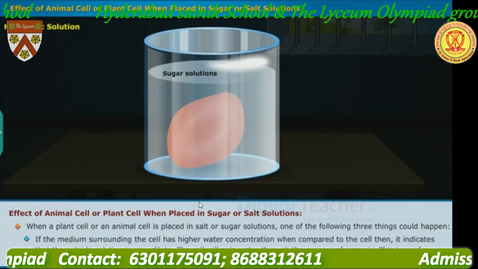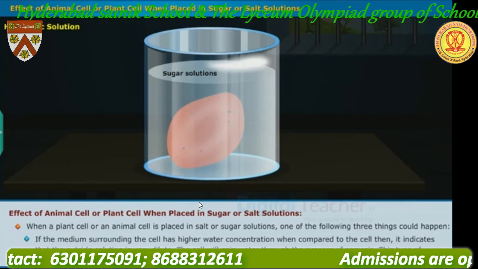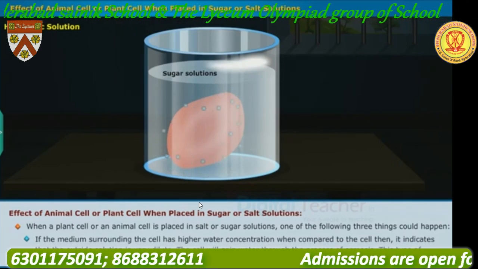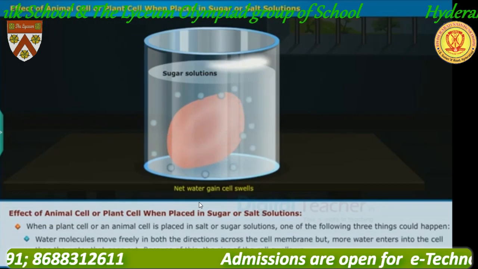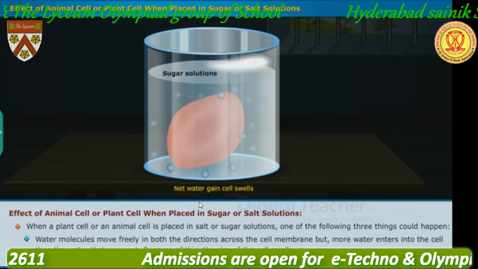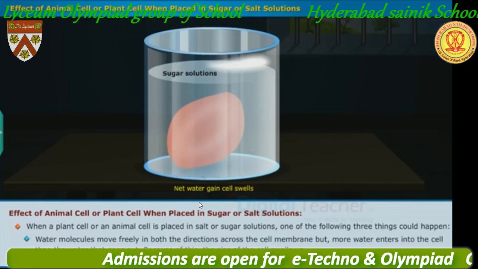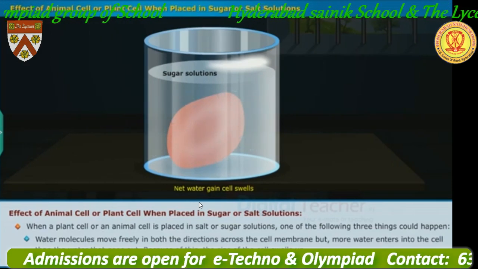The cell will gain water through the process of osmosis. This type of solution is termed as hypotonic solution. Water molecules move freely in both the directions across the cell membrane, but more water enters into the cell than the water that goes out. Because of this, the size of the cell swells up.